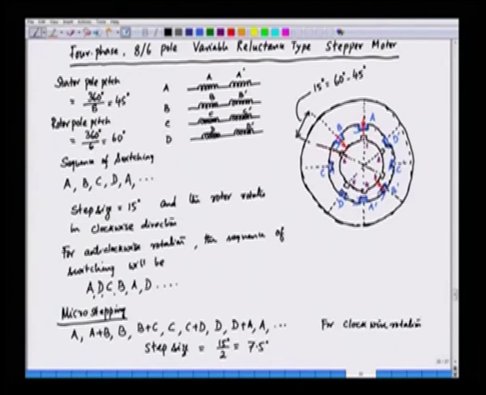For the anti-clockwise rotation, we will do the following: A, then A plus D, then D, then D plus C, then C, then C plus B. So, the MMF will be changing from A to A and D, then D to D and C, and so on, and the rotation in that case will be anti-clockwise.